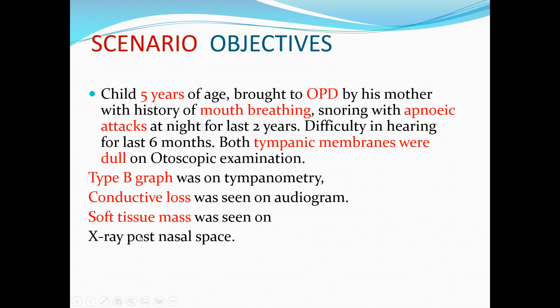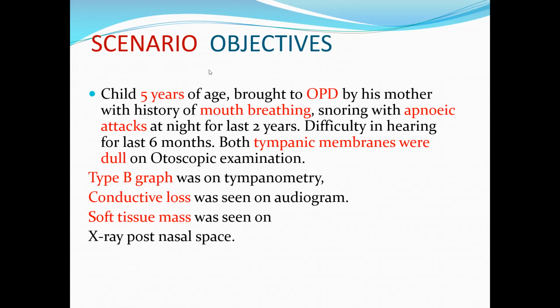So this scenario explains all the clinical features, clinical findings, and investigations required and the results of these investigations. The child will be 3 to 5 years of age, and it is not an emergency. The patient will present in OPD.